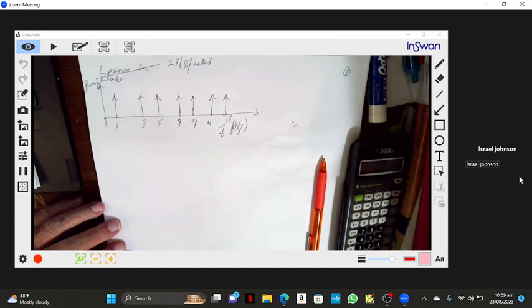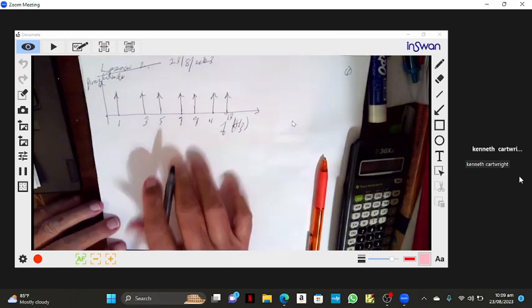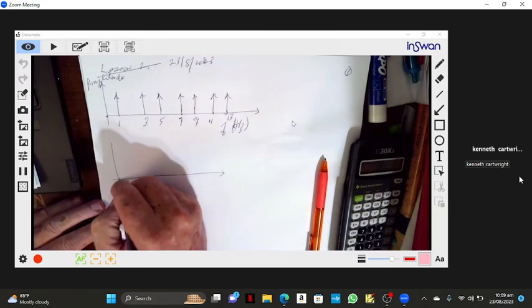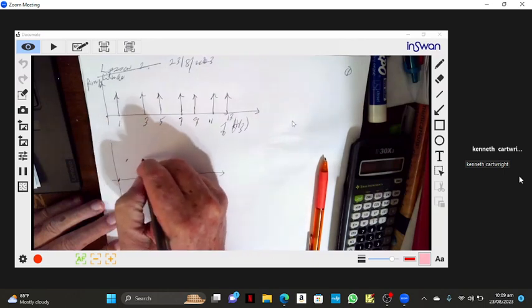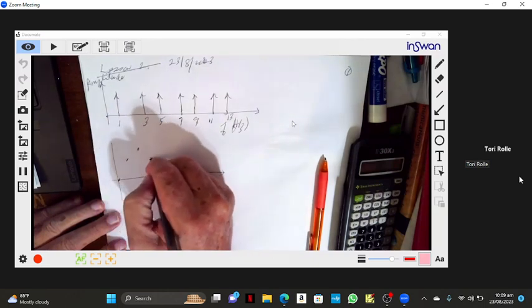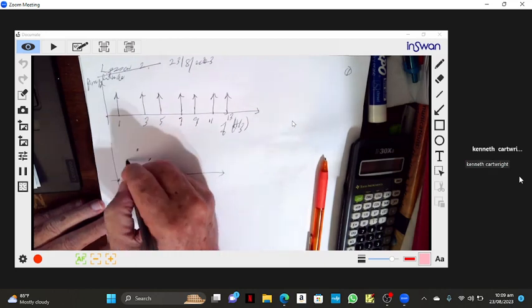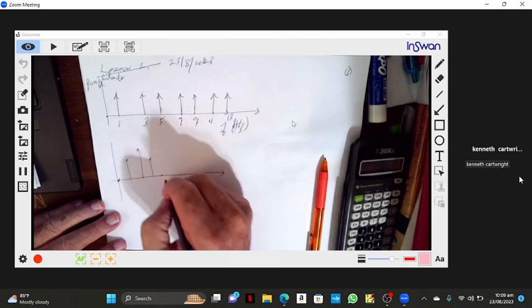Wouldn't that be the sample signal then? The sample signal looks like dots. It looks like that, and we may put lines here.